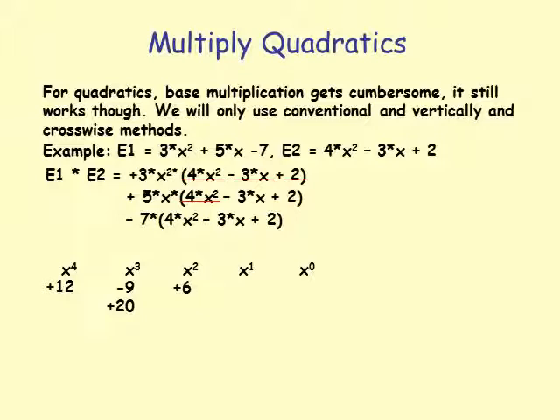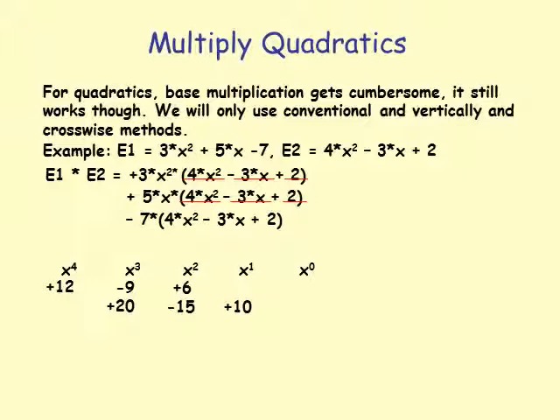Now 5 times minus 3 is minus 15x squared, so we'll have minus 15 under the x squared column. 5x times 2 is 10x, so we'll have a plus 10 under the first power of x.